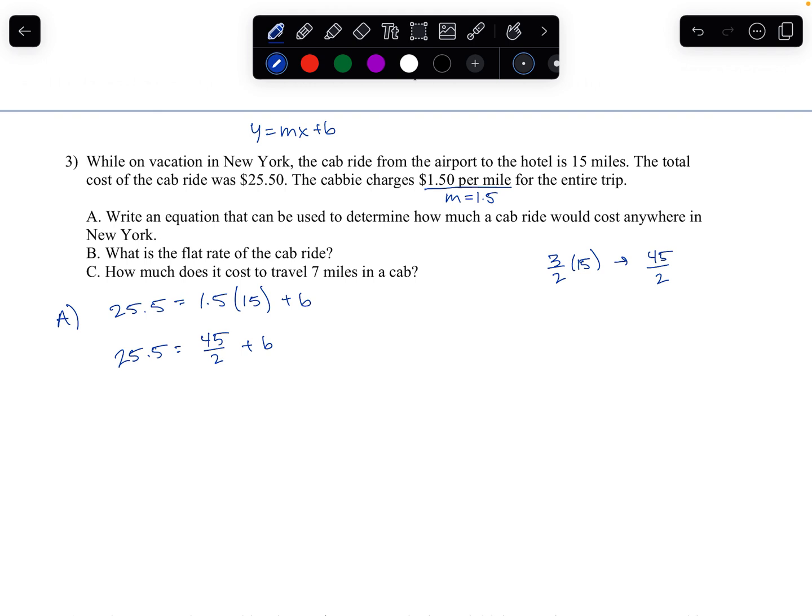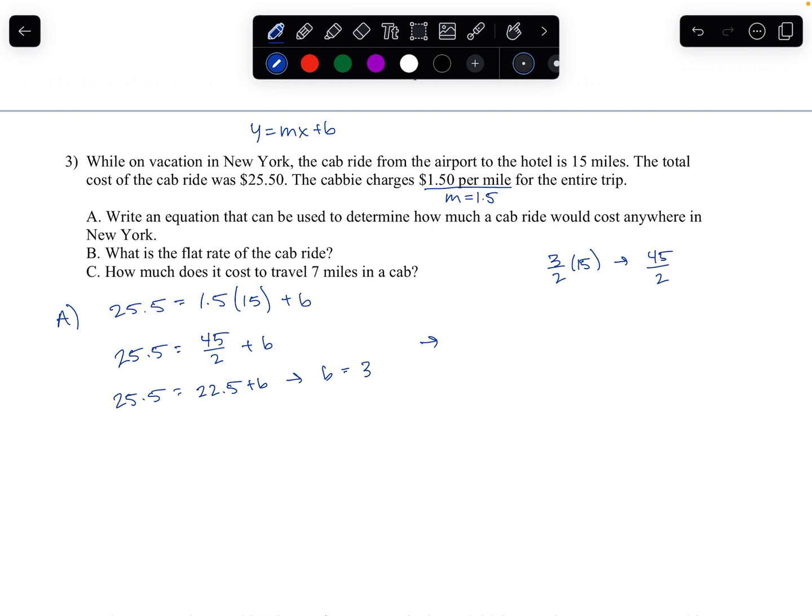So is that 22.5? So 25.5 is equal to 22.5 plus b. And then I'm going to subtract that from this amount right here, and that will give me my initial value. So b would be equal to 3. So the initial cost of the cab ride was $3.